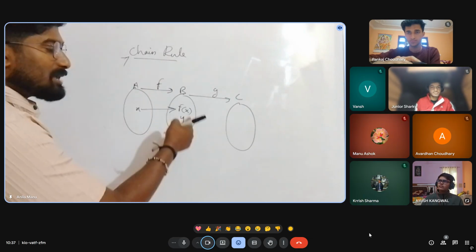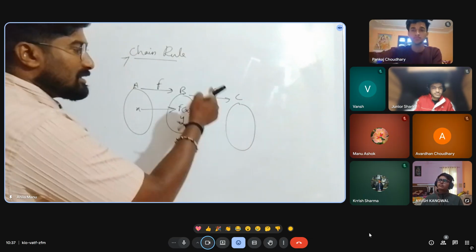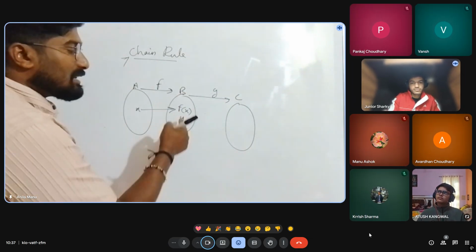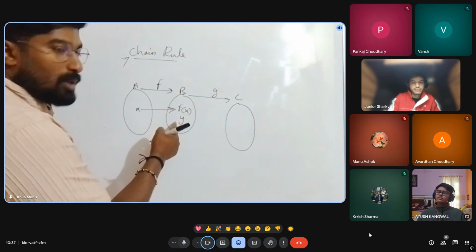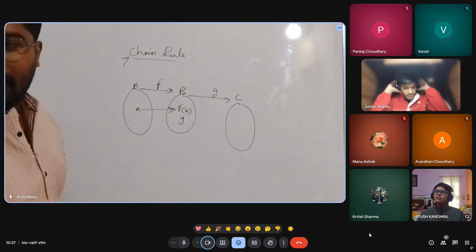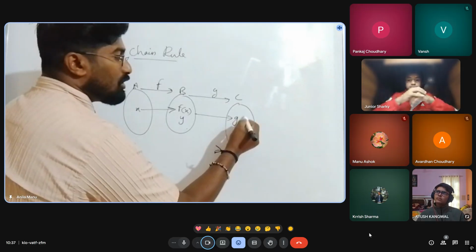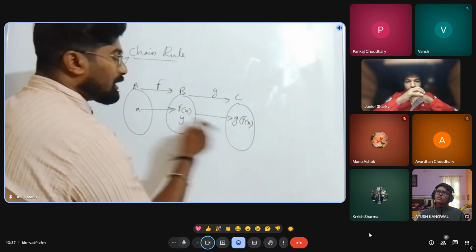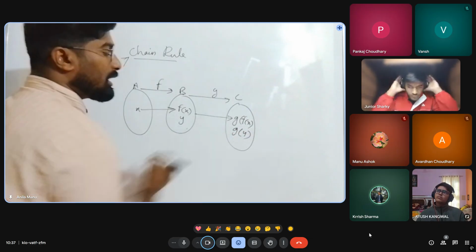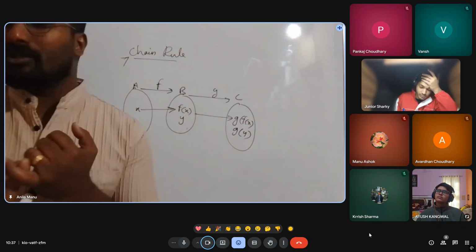So f of x is the same as y here. In the third set, when you define g, consider that in the second set the elements are of the form f of x or y. So how to define the function? Tell me. g of f of x, g of y. Very good. g of f of x, or shortly you can write g of y. Correct, right?